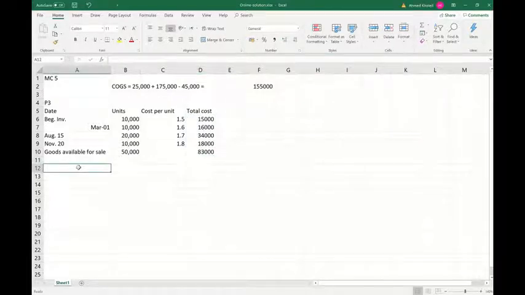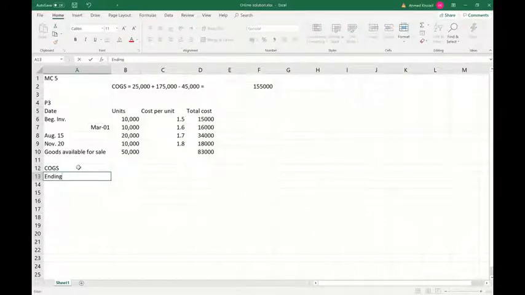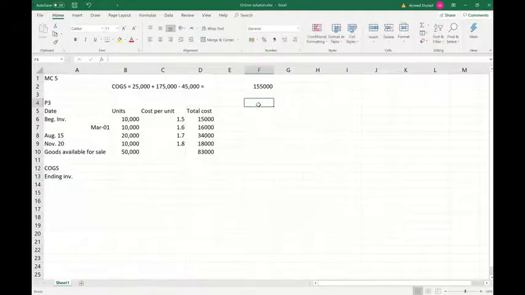Then we need to split these units between cost of goods sold and ending inventory. So we need to apply the two methods, FIFO and LIFO. We're starting with FIFO, which is first in, first out.